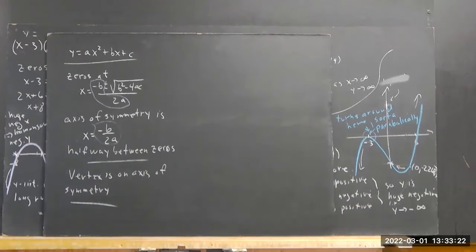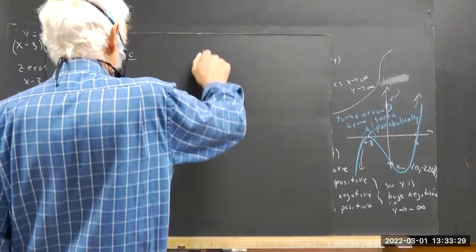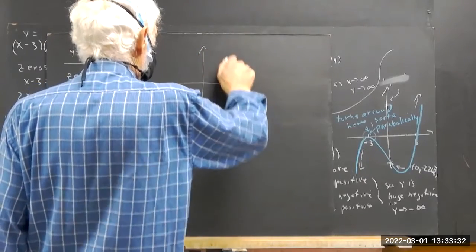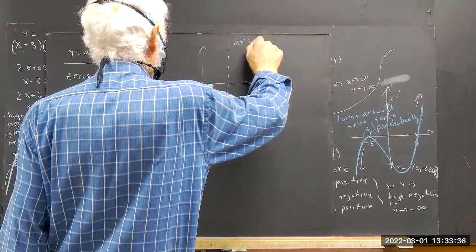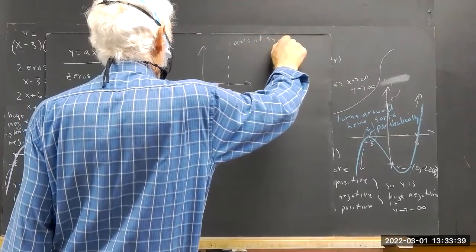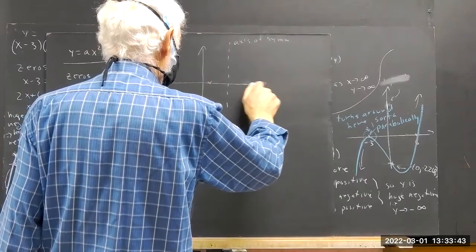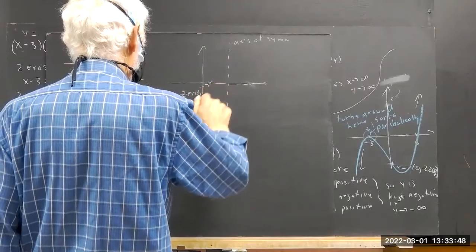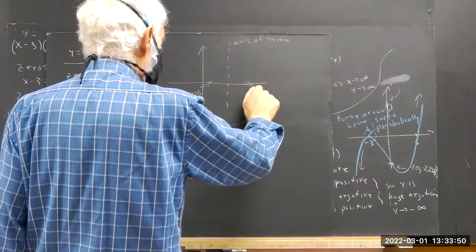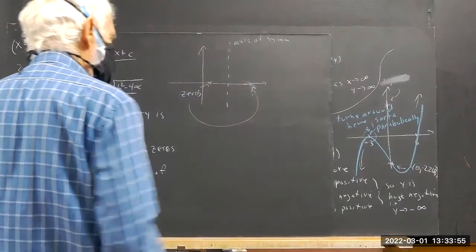And the vertex is on the axis of symmetry. So a typical graph might look like this. Axis of symmetry halfway between the zeros always.